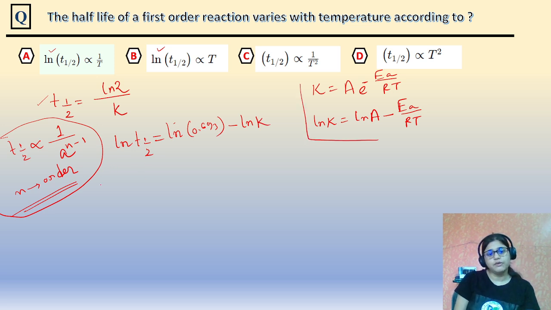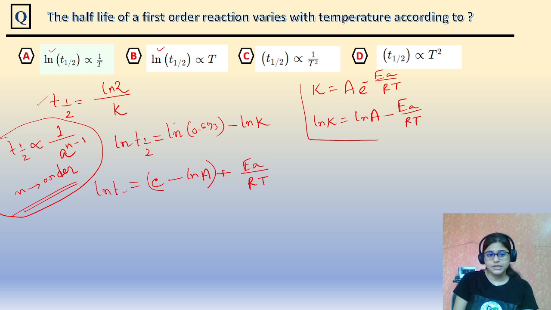If we put the value of ln K here, it will be minus ln A plus Ea by RT. So these two are constant. Let's not think about that.